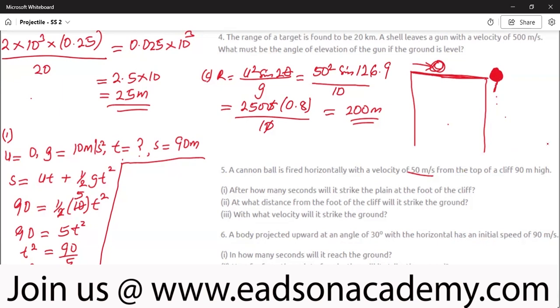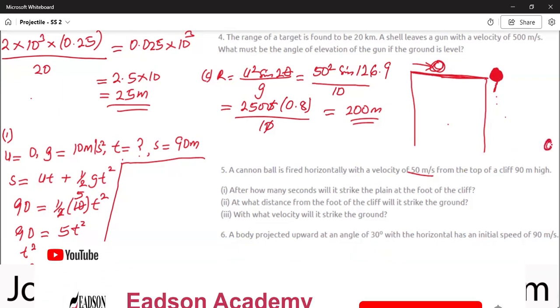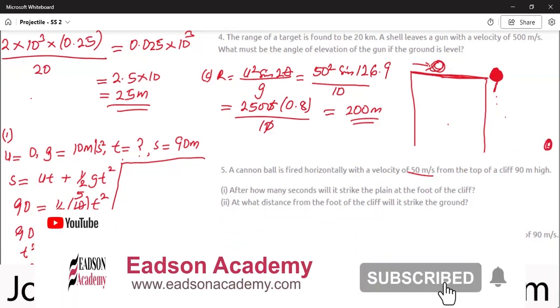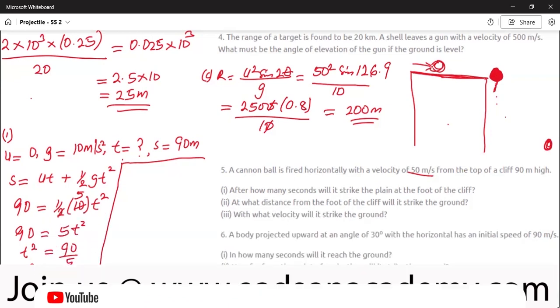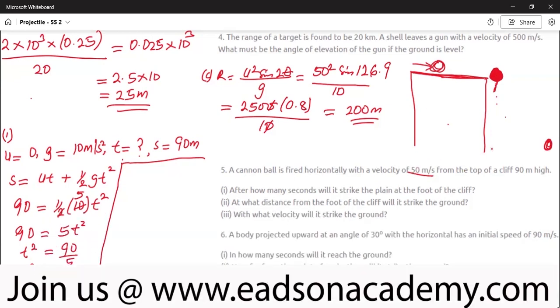It landed away from the foot of the cliff because of this initial velocity of projection. As this thing is projected with 50 meters per second, it's going to describe a parabolic path like this and then land here. Which means this horizontal distance from the foot of the cliff depends on this initial velocity of projection. So u there is 50 meters per second.